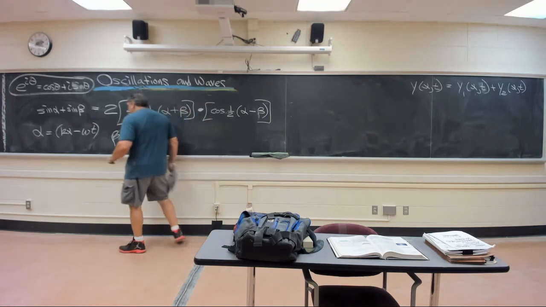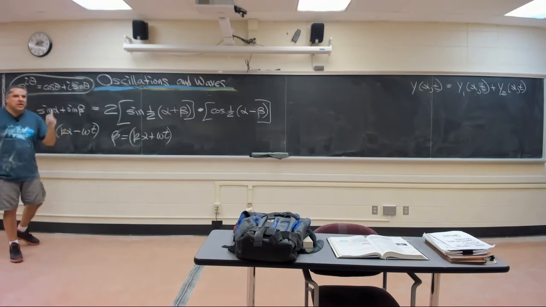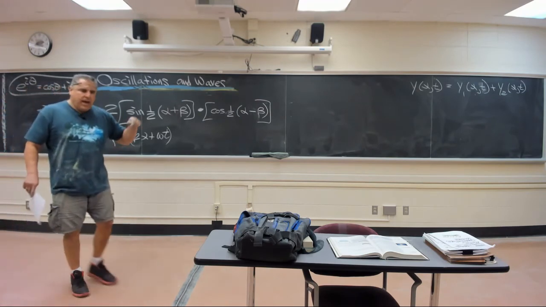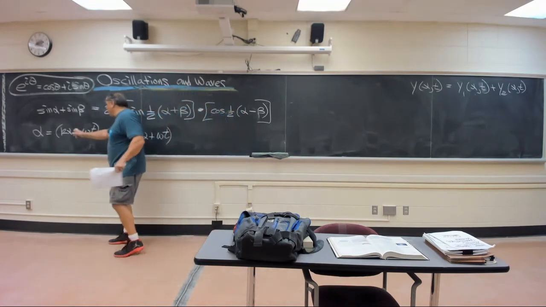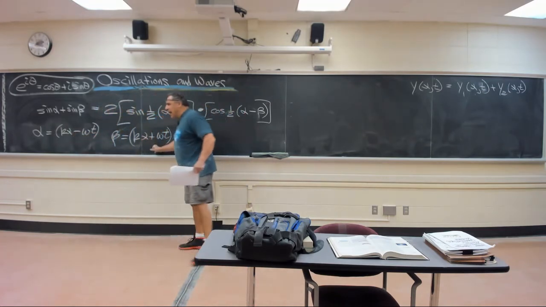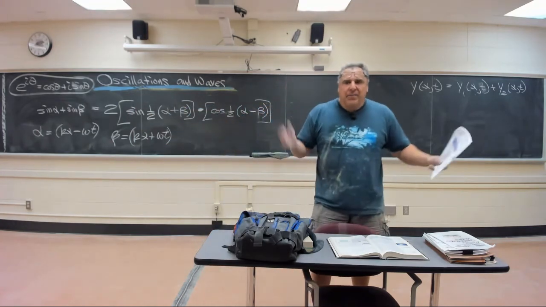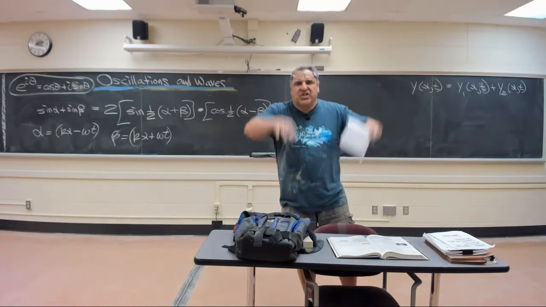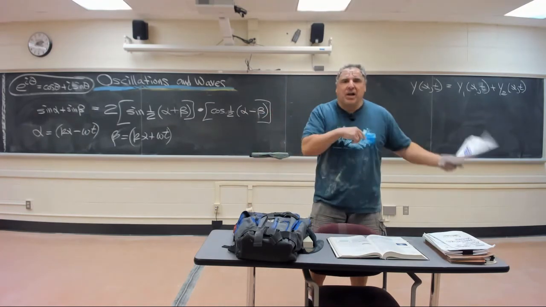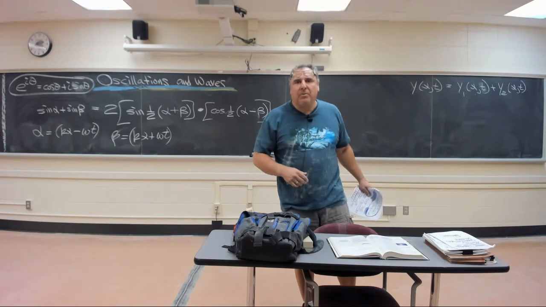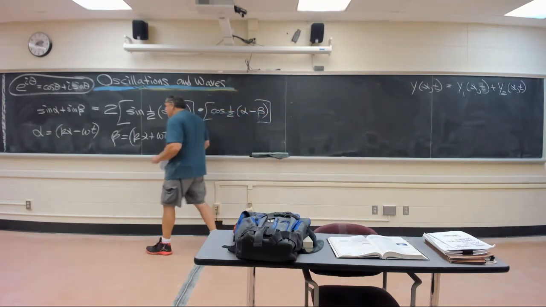These two waves, ladies and gentlemen, are identical in every way, shape, and form except that one's going to the right, and one's going to the left. Otherwise, they're identical. They collide, they superimpose, and they produce a standing wave where there's no propagation left or right. They're just oscillating up and down in a particular way. And that's where we're going to get into the harmonics that we're talking about.